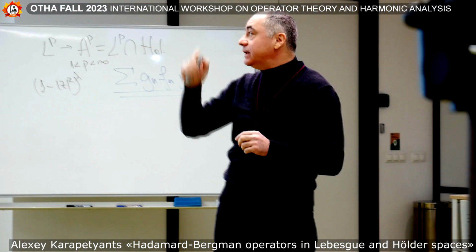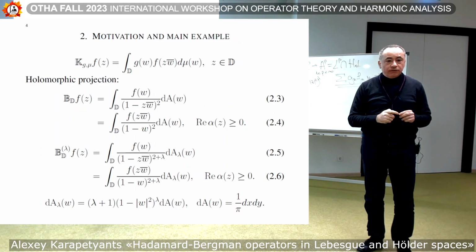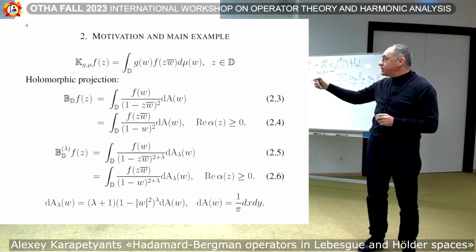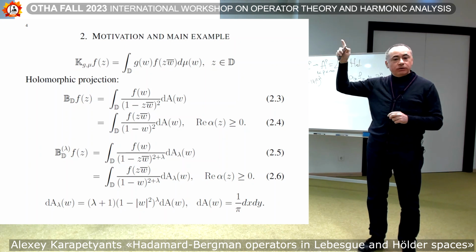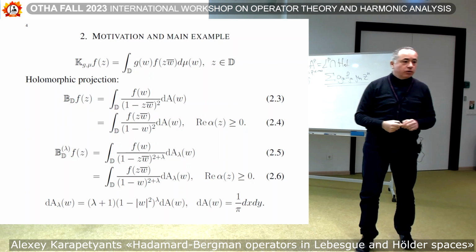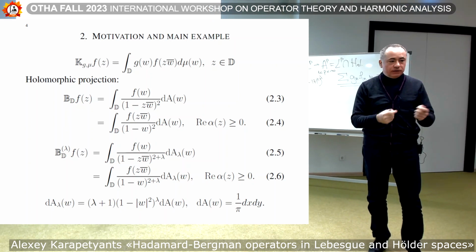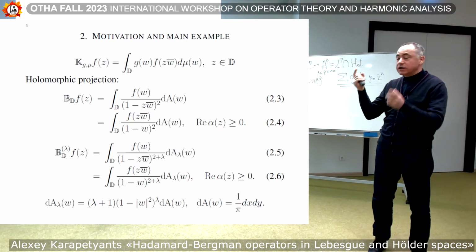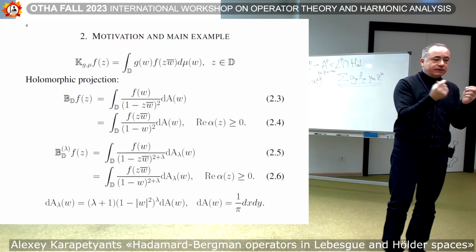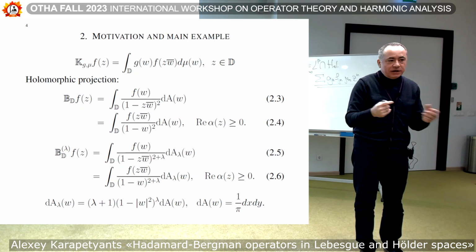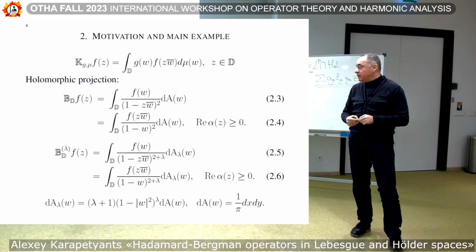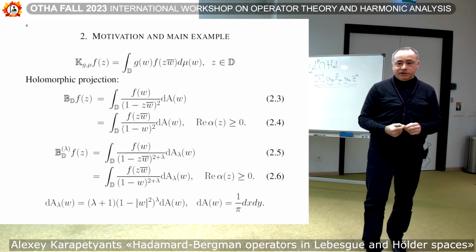But even if g and f are holomorphic functions, even in this case, it's worth studying these operators in integral form, because sometimes integral operators provide us with different tools of study that we can get rid of multipliers. For instance, when you study holomorphic Hölder spaces, the theory of multipliers is useless. You can do very small things about boundedness using just the theory of multipliers.